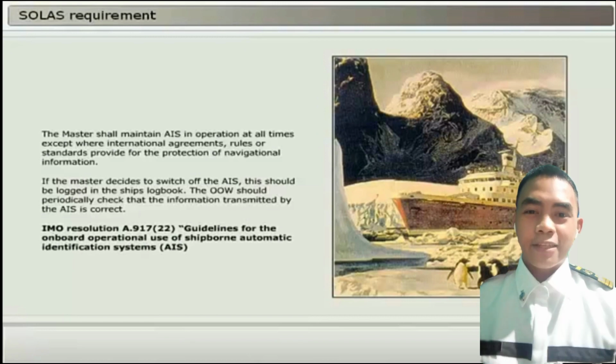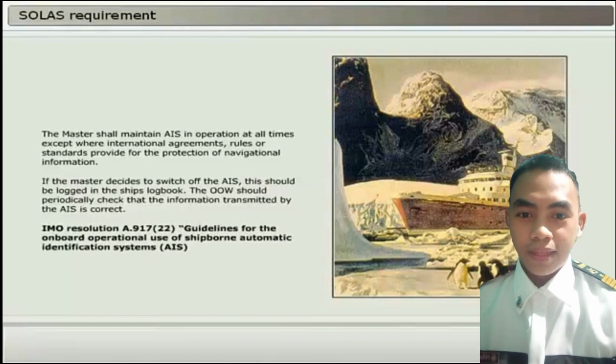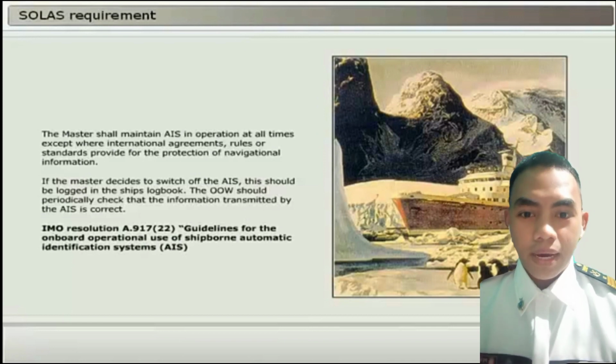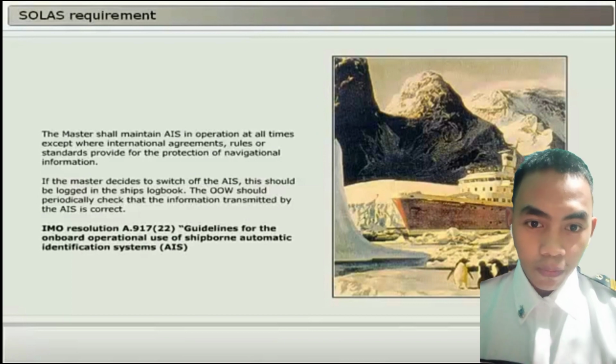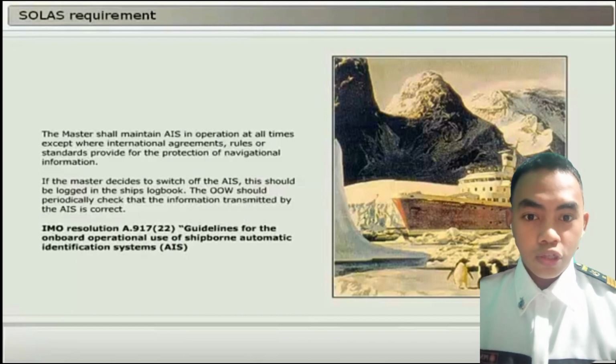The next is the SOLAS requirements regarding the AIS. The master shall maintain AIS in operation at all times, except where international agreements, rules, or standards provide for the protection of navigational information. That's the exemption. If the master decides to switch off the AIS, this should be logged in the ship's logbook, so you should have a reason for that.